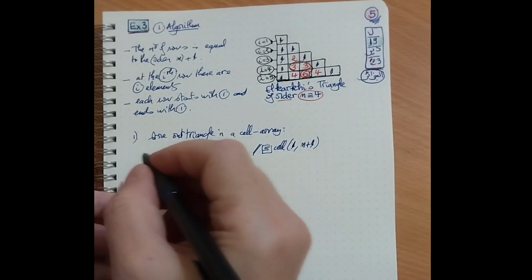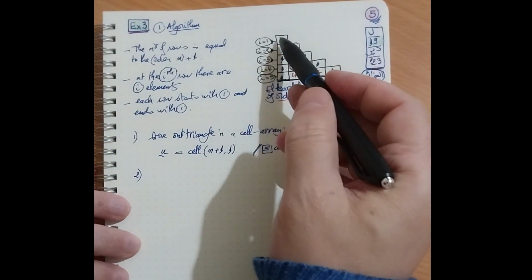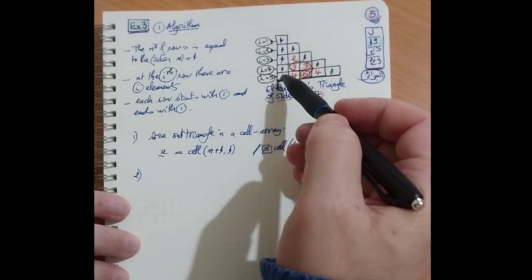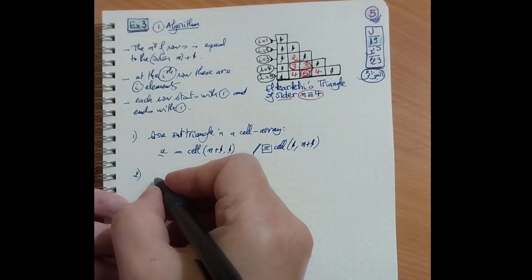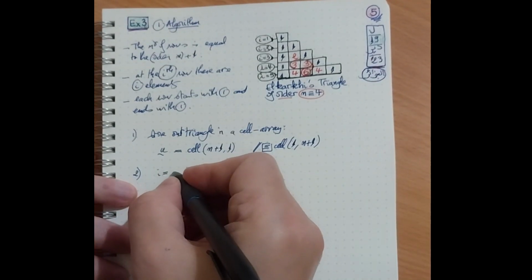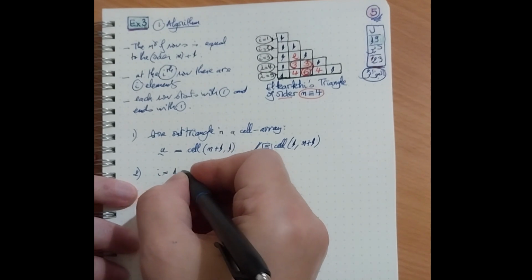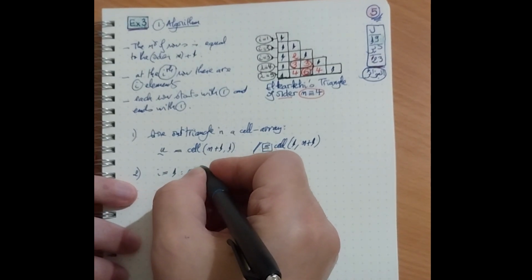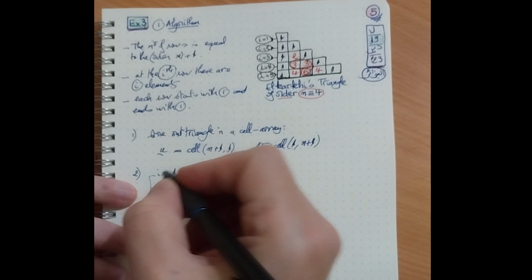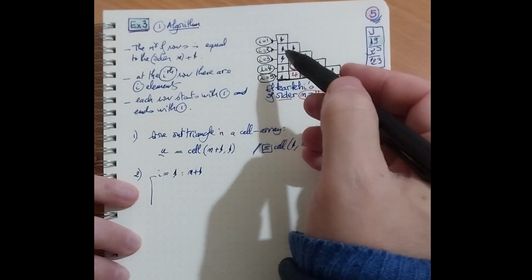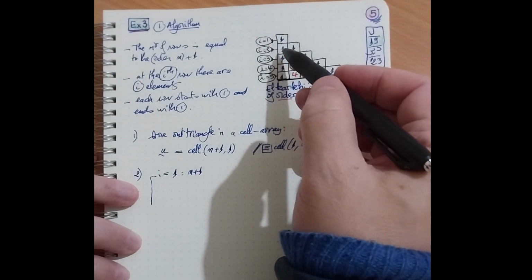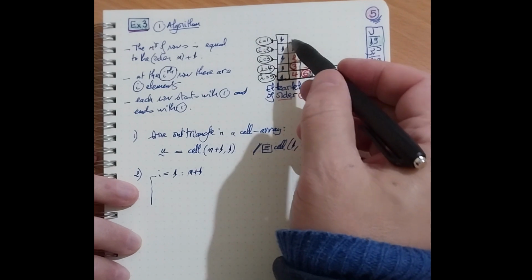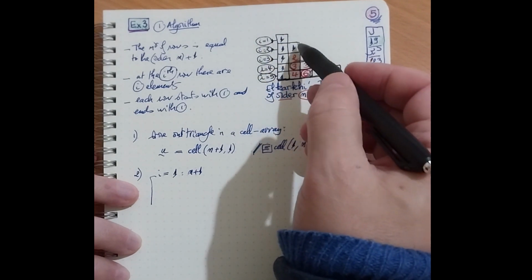Then we use a loop to cross each row. So we use a loop I from 1 till n plus 1. And in this loop, we first set the contents of the cell.